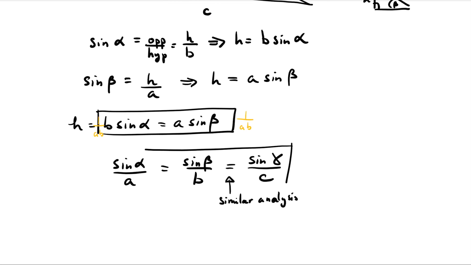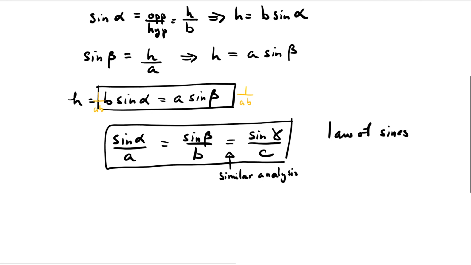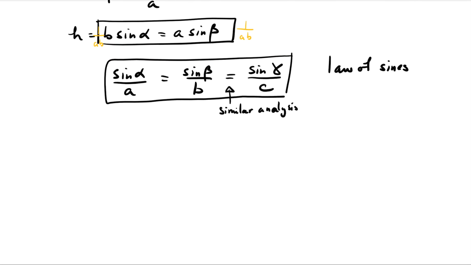And these three expressions are equal to each other. This is the law of sines. It helps us to solve for a triangle if we've got two angles and one side, and something is missing. We'll see in which context it applies, but it's going to be pretty obvious when we want to use this. So we'll start with an example.